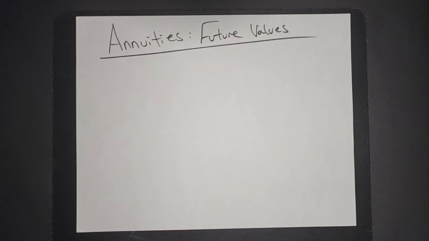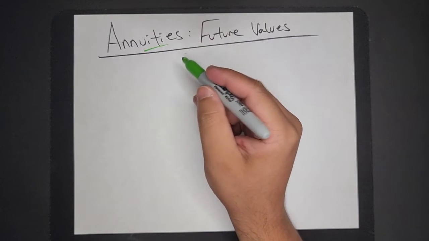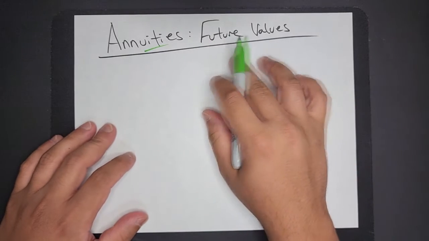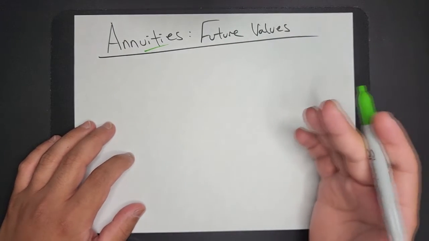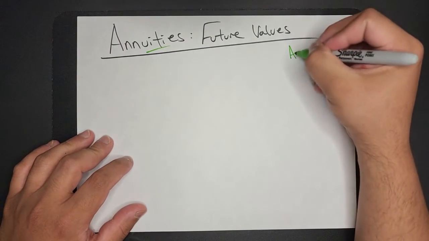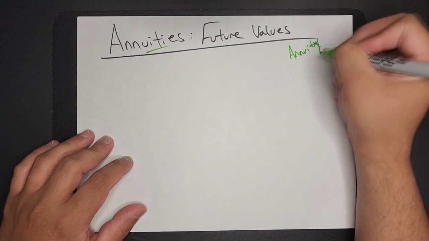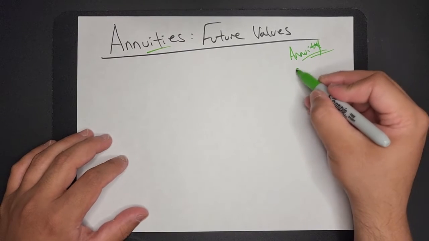Okay, so in this video we're going to be looking at annuities, specifically the future values. What this means, or the word annuity, basically means a series of payments.